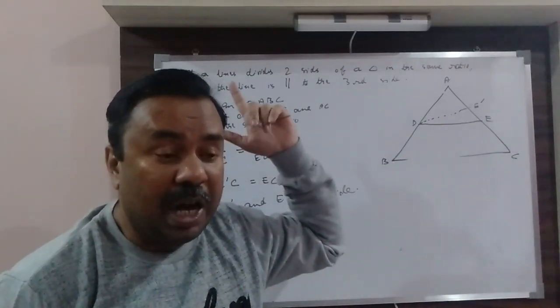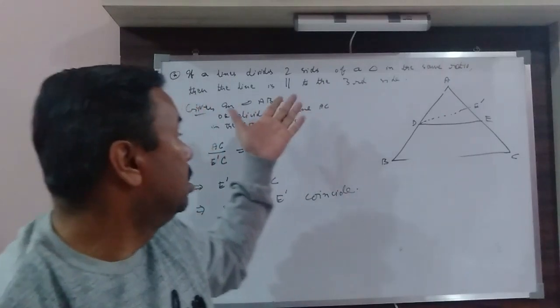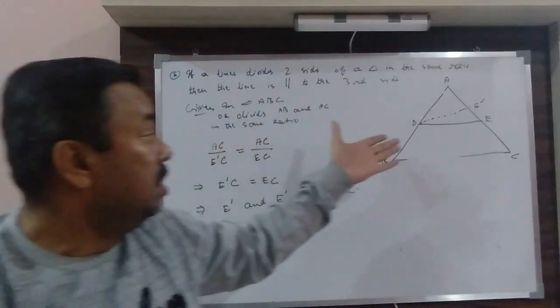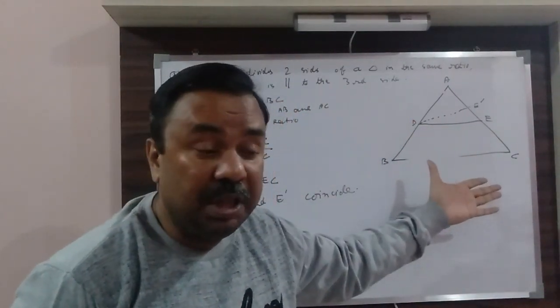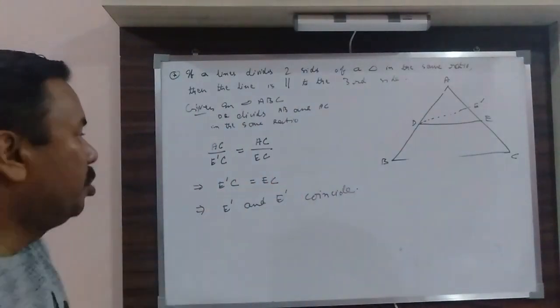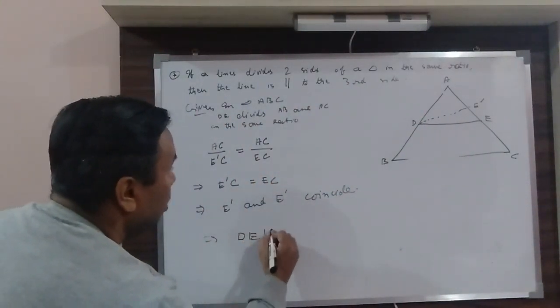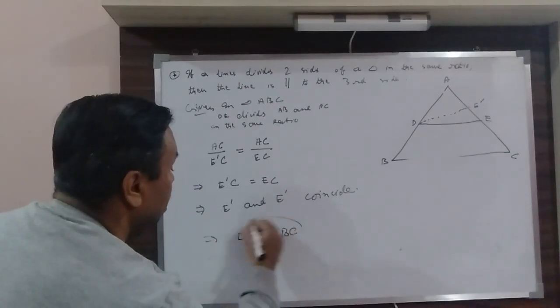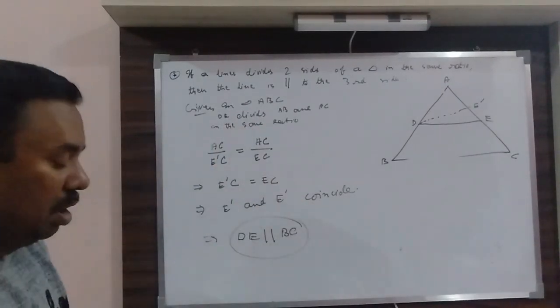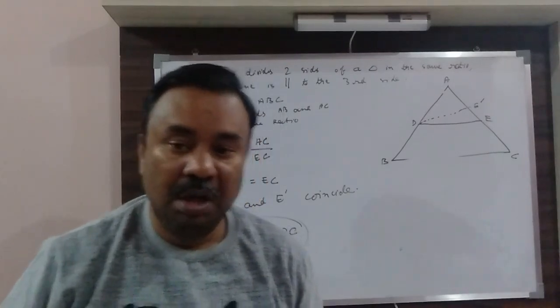That means what I had assumed at the start, that DE is not parallel to BC, is wrong. Actually, DE is parallel to BC. So this is what this theorem says. Okay.